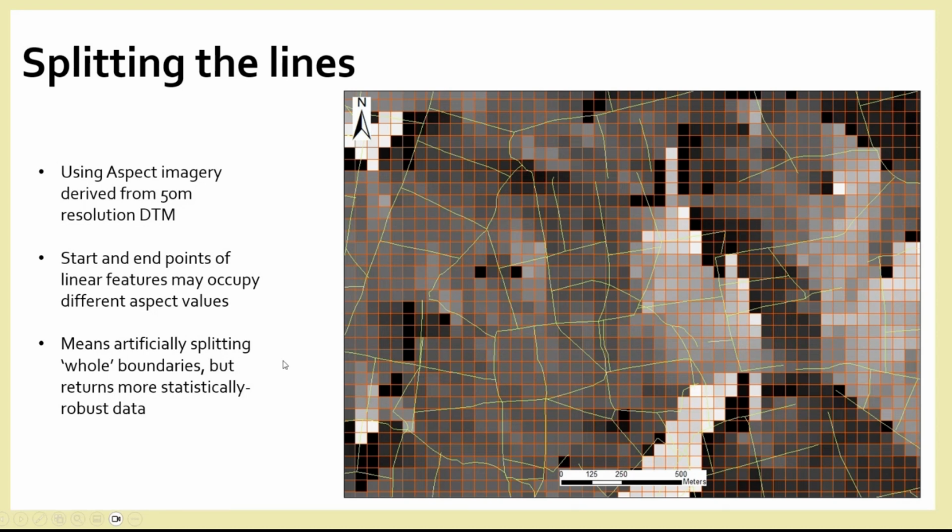So yes, it means artificially splitting the whole boundaries, but that was the only way that I could think of at the time of returning statistically robust data that could be measured. So that was the approach that I took for the entire data set.